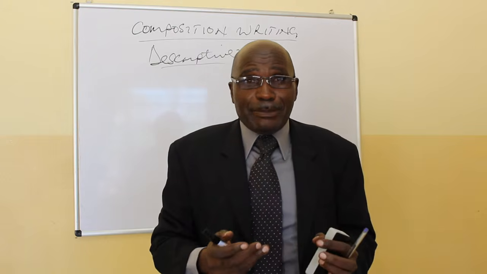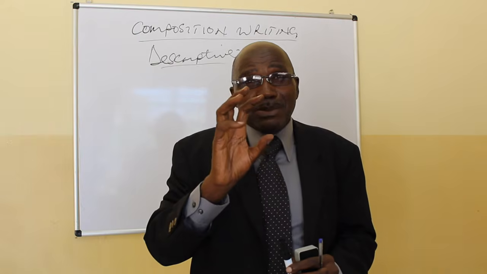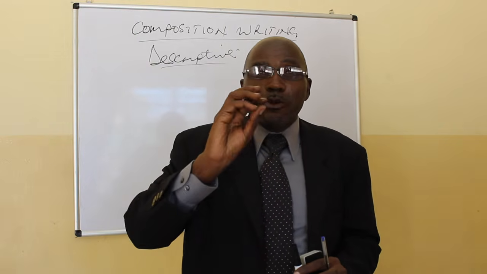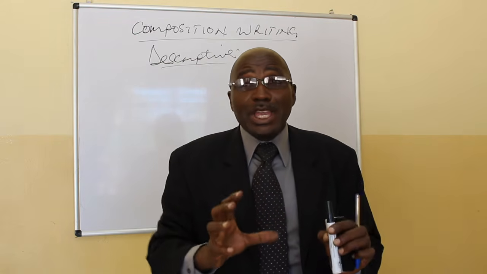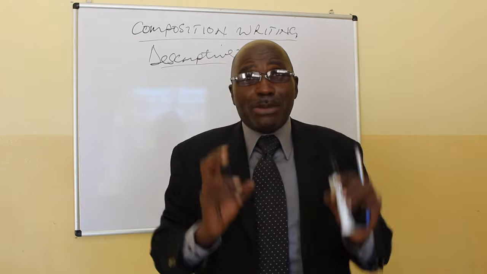It could be a building. How do you describe it? It means that for you to give a proper description, you use certain terms that are going to help you in painting a clear picture of what you are talking about.